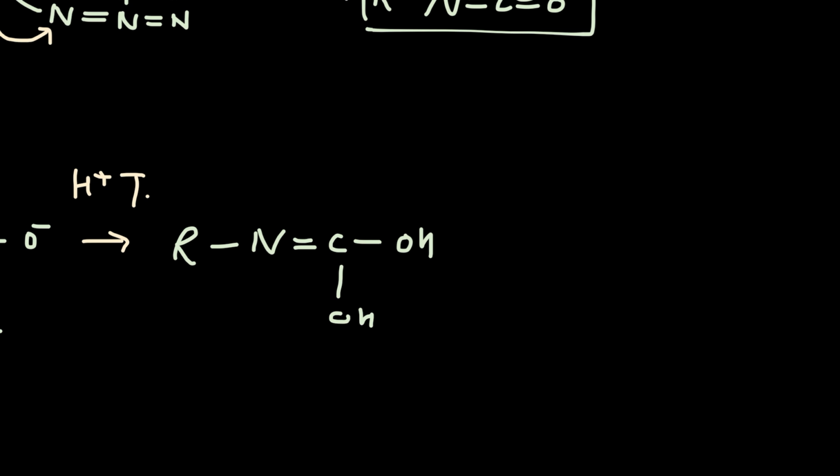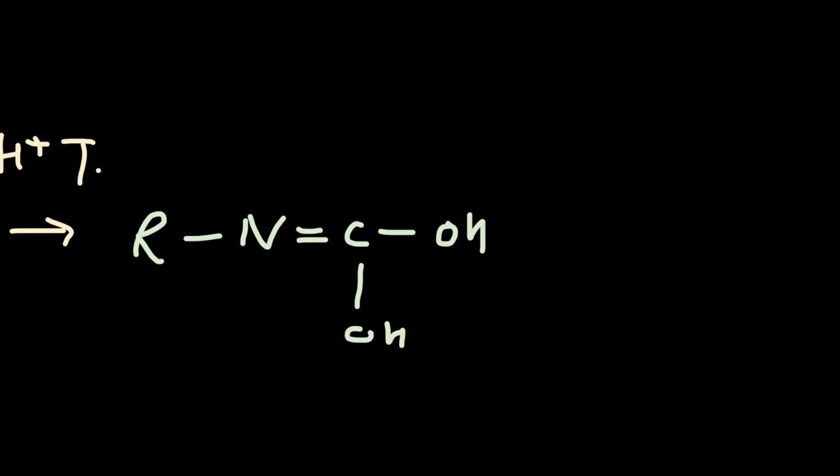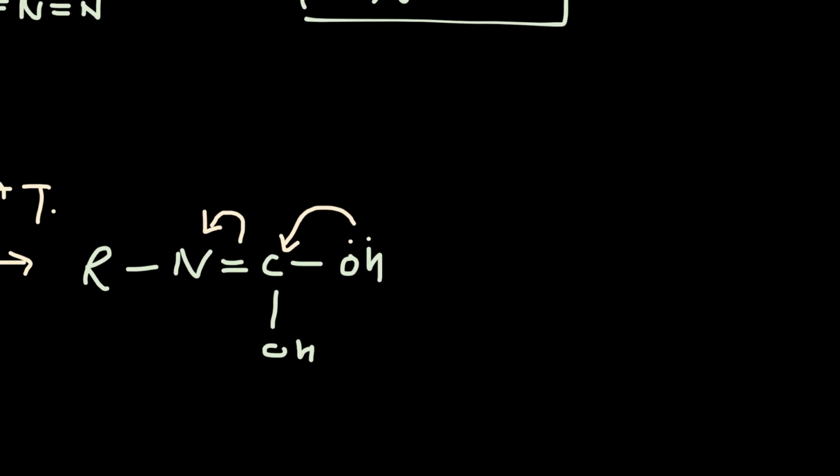Now the rest of the steps is that the alcohol will attack the carbon. Alcohols, lone pairs, attack carbon, and to respect the leaving group of carbon, we have to break off this bond between N and C. And essentially, we will do that twice to get our amine leaving group.